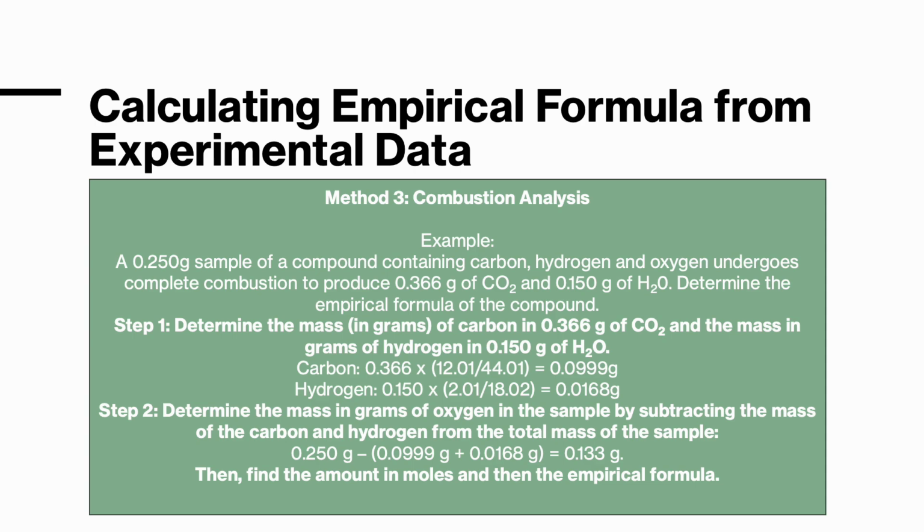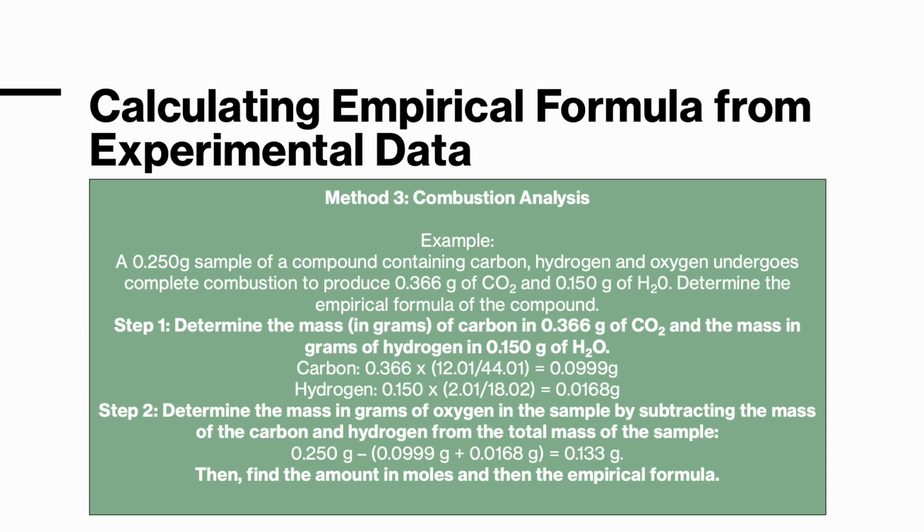The first step is that we need to determine the mass in grams of carbon in the 0.366 grams of carbon dioxide, and the mass in grams of hydrogen in the 0.15 grams of H2O. It is noteworthy that the oxygen comes from the atmosphere, so we're not looking at the oxygen in these compounds just yet.